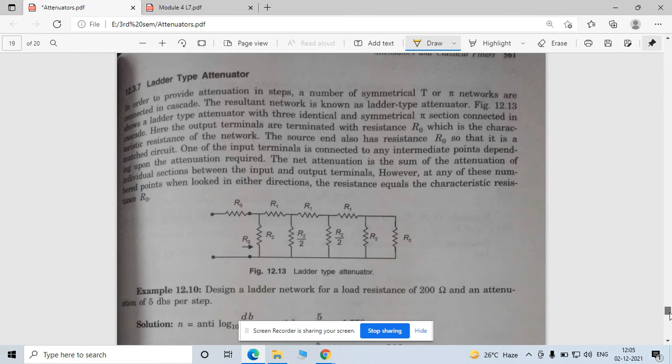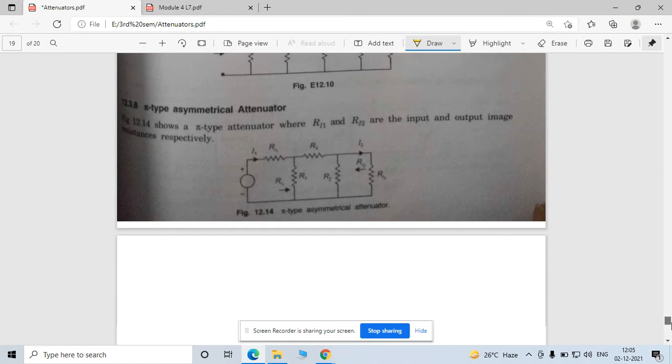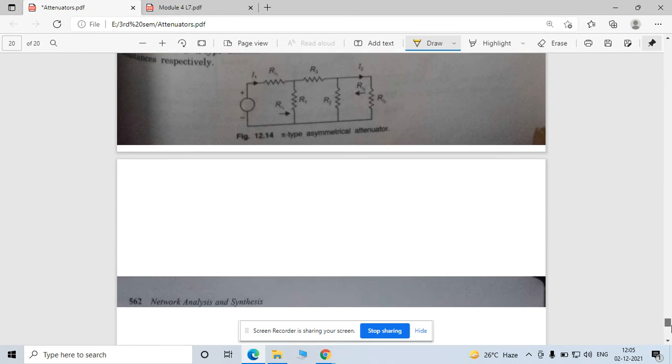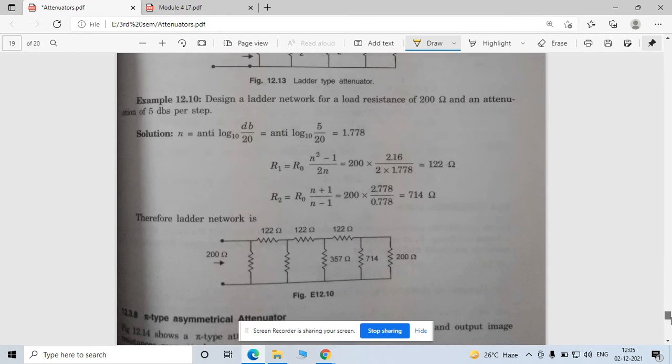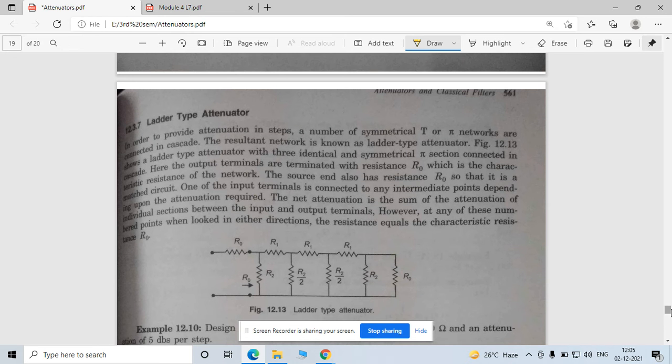Now the ladder type of attenuator, and then the pi type of asymmetrical attenuator. Now see, a ladder network you can easily observe as two symmetrical T type or pi type attenuators connected in cascade, not in parallel.